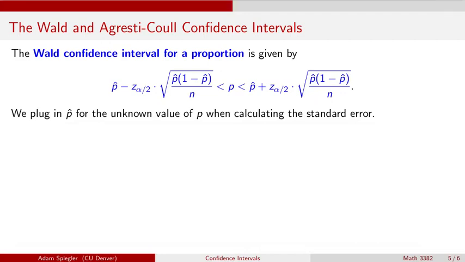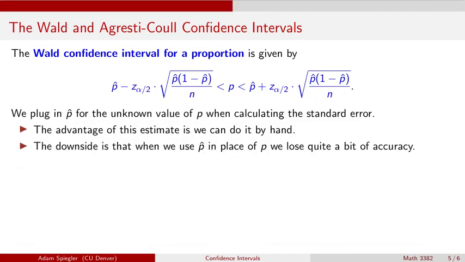And this method has some drawbacks. The nice thing is we can do this by hand. We didn't take too long to calculate that in the previous example. But the downside is we're going to lose some accuracy when we come up with this approximation for the standard error by simply plugging in p hat in place of p.